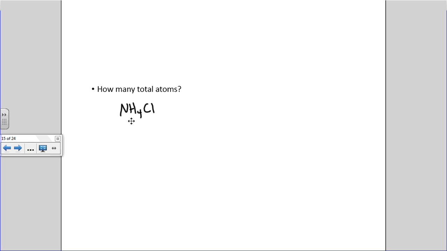So taking a look at this, we need to first determine how many atoms there are of each individual element. So N, we have one of them. H4, that's 4 atoms. Cl is 1. If we add these together, that's going to be 6.